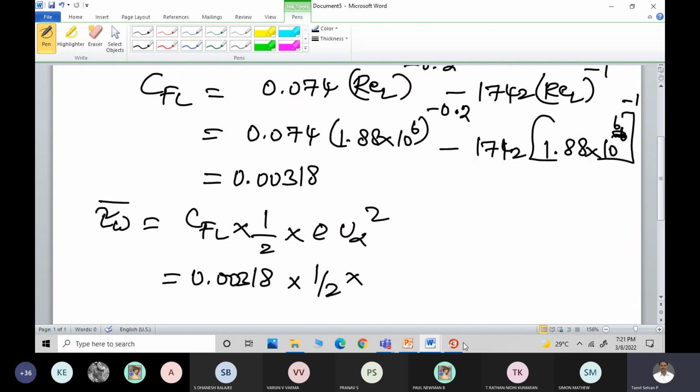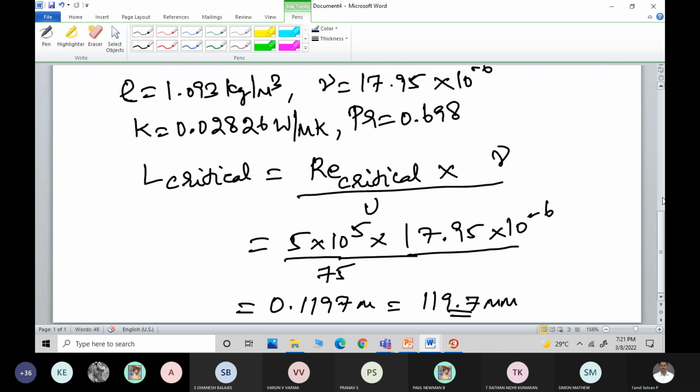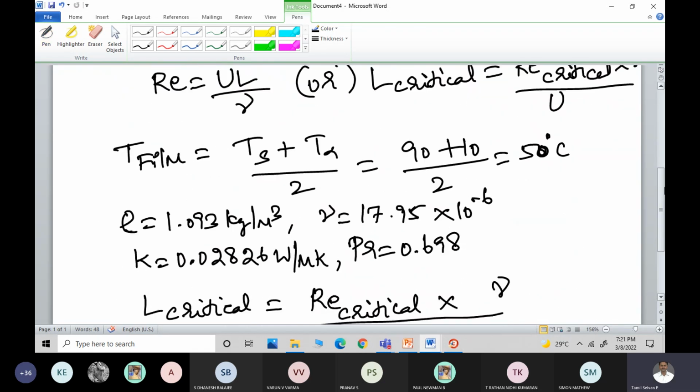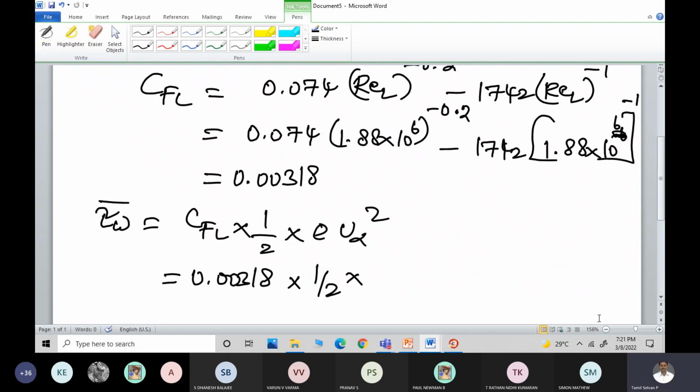Okay, into half into density. What is the density we got? Density is 1.093 and the velocity is 75. 1.093 into 75 whole squared. So how much is it?